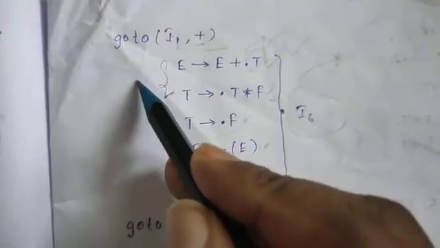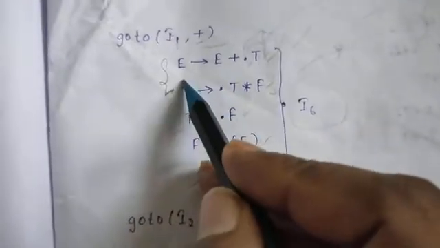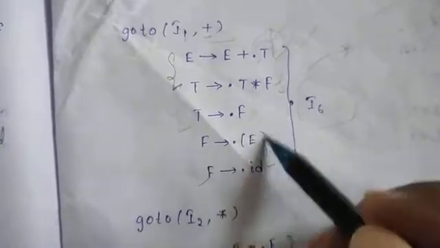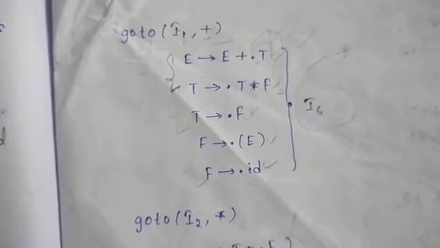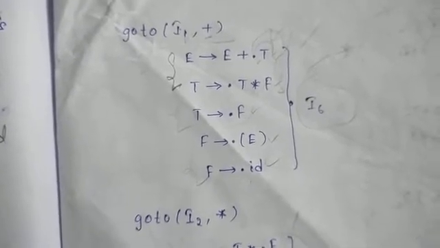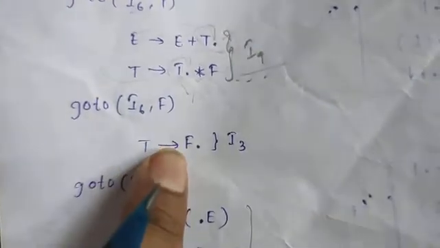In I6, right now we have completed these two productions. Then we again have three productions. The first one is T tends to dot F. Now the dot is moving on F in I6.